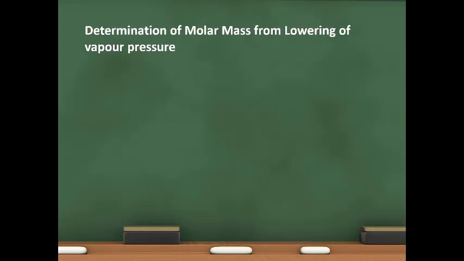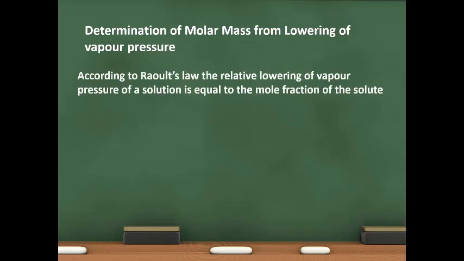Determination of molar mass from lowering of vapor pressure. Now, according to Raoult's law, the relative lowering of vapor pressure of a solution is equal to the mole fraction of the solute. So, P naught A minus Pa divided by P naught A is equal to Xb. Now, Xb is the mole fraction of the solute.